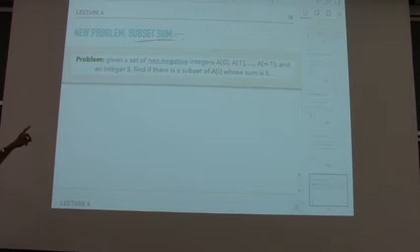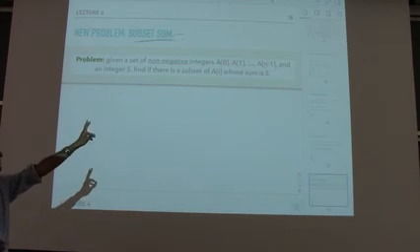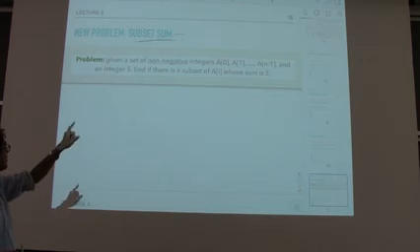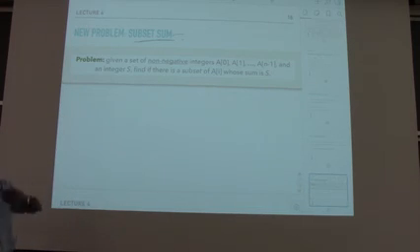You've got a bunch of integers a0, a1 up to an minus 1, and you're also given an integer s. Your goal is to find out if there is a subset of these things whose sum is s.